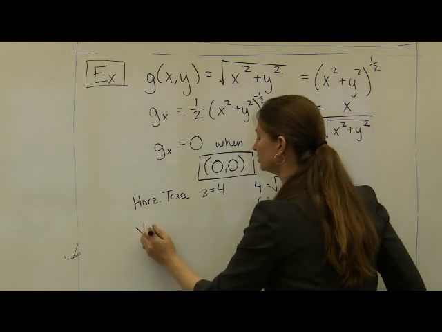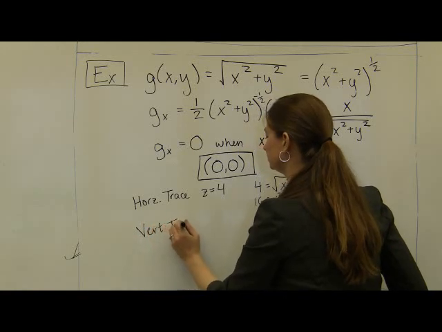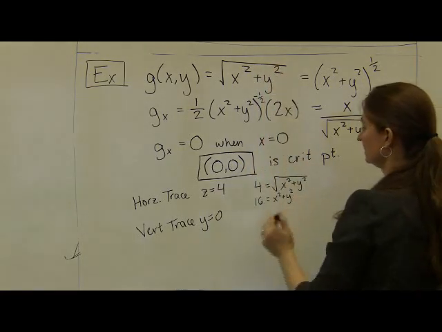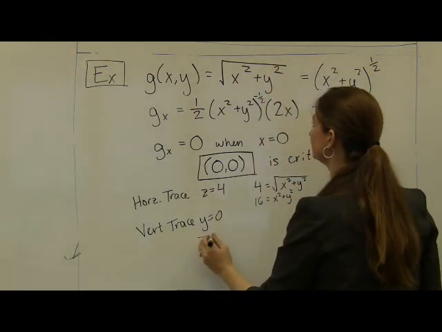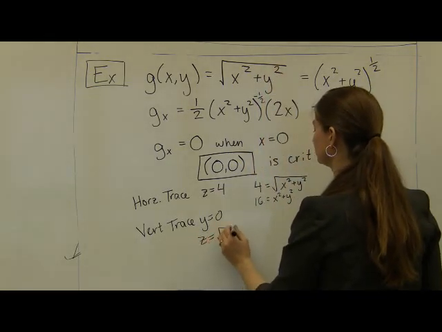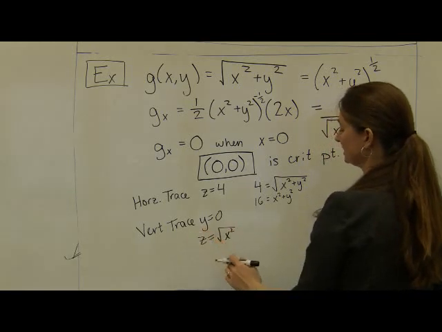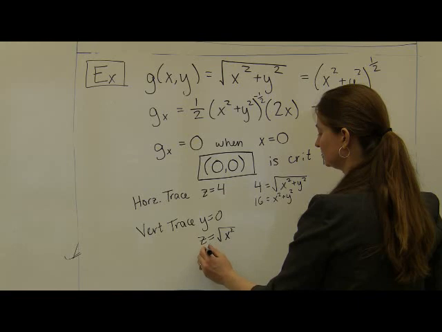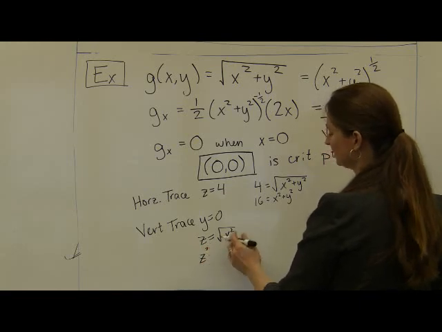If I look at my vertical trace, let's set y equal to 0 for one of the vertical traces. I see that z is equal to the square root of x squared. If I square both sides, I'm adding in an extra element, but maybe I don't want to do that.